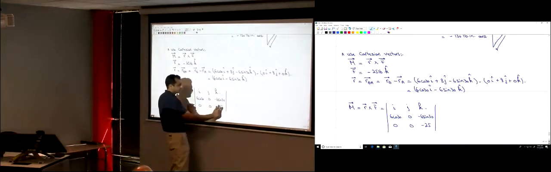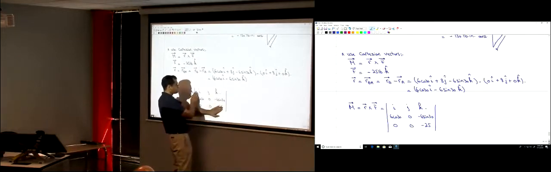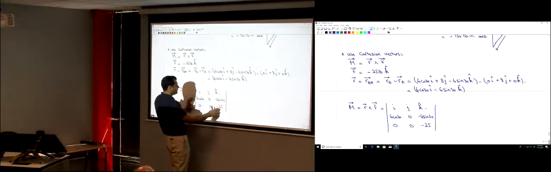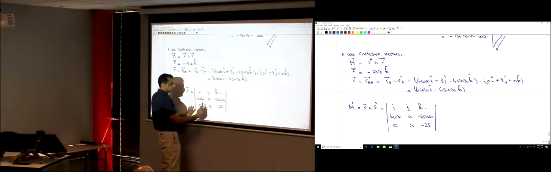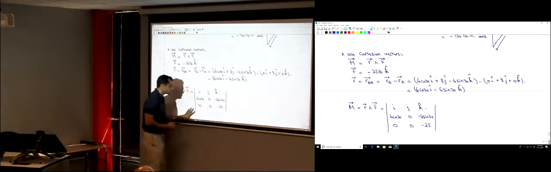So I just have this negative 25, because this is 0 and this is 0. I have negative 25 multiplied by this cofactor matrix here. Okay? So I just cancel those. So I have I times 0, and then J times 6 cosine 30. So negative 25 times negative, this is negative 25, and then J times 6 cosine 30.